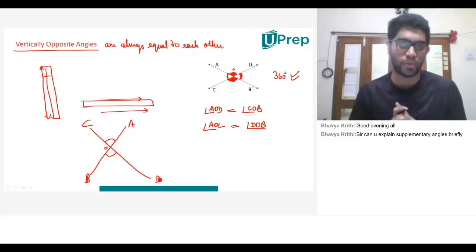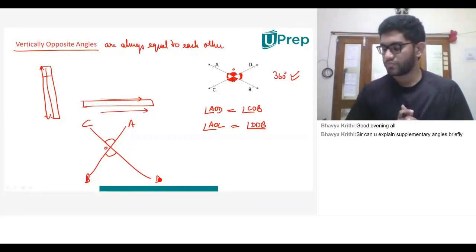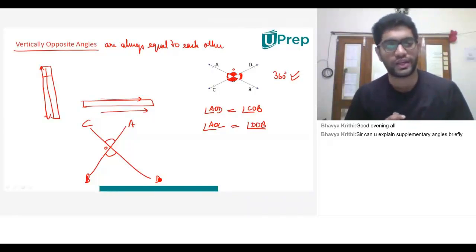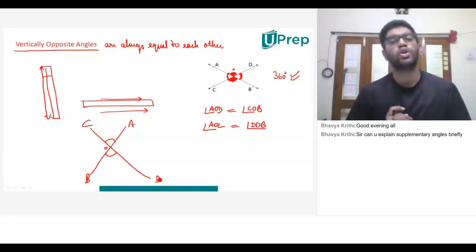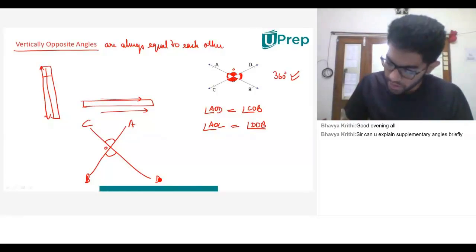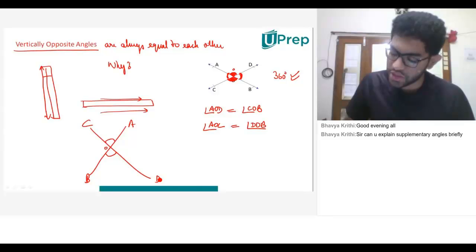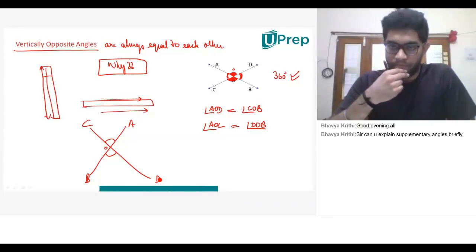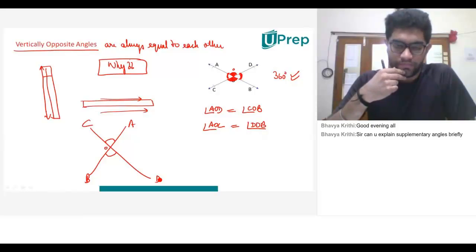Angles are equal. Now, we're not here to learn that vertically opposite angles are equal. Can you guess or can you tell me why vertically opposite angles are equal? Remember that in math, you always have to ask the question why. Why are vertically opposite angles equal? Sir, because there are two straight angles.